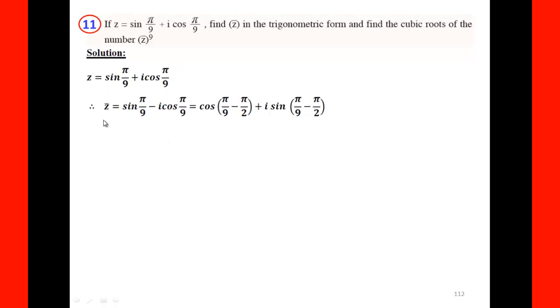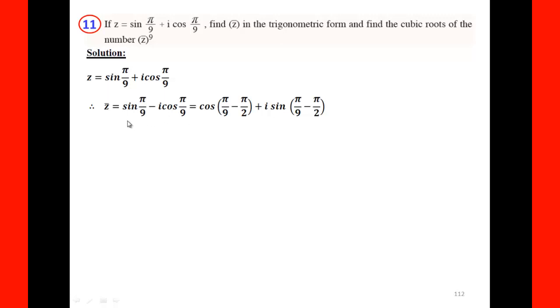First, we calculate z bar. Z bar is the conjugate of z. It is the same number with some changes. We change positive to negative. So z bar equals sine pi over 9 minus I cosine pi over 9.